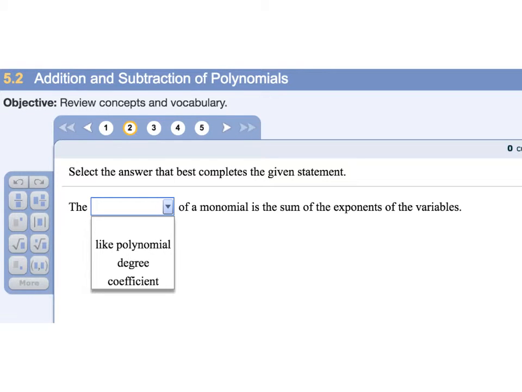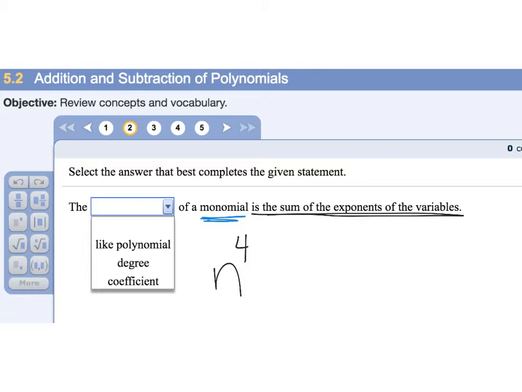So here it says the monomial, right? So we remember what a monomial is. A monomial is like n to the 4th power, all right? And then the degree is the sum of the exponents of the variables.